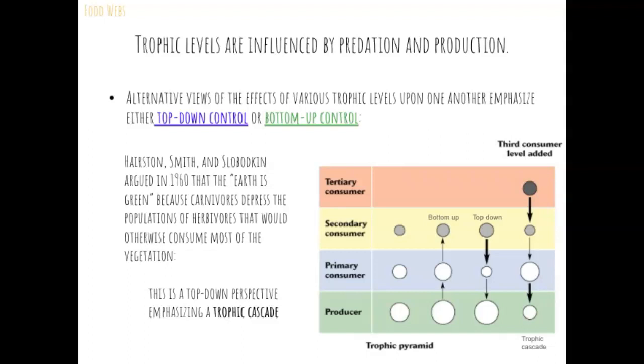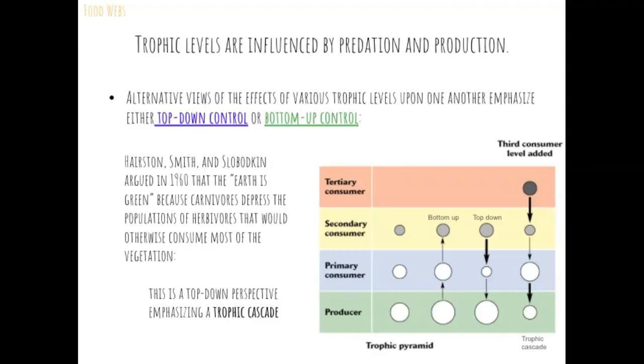So in reality, if you think about it, either of these things could be possible, and both of them might be working simultaneously, where you have both the importance of the producers and the importance of some of those higher up trophic levels that are affecting the stability of your ecosystem.